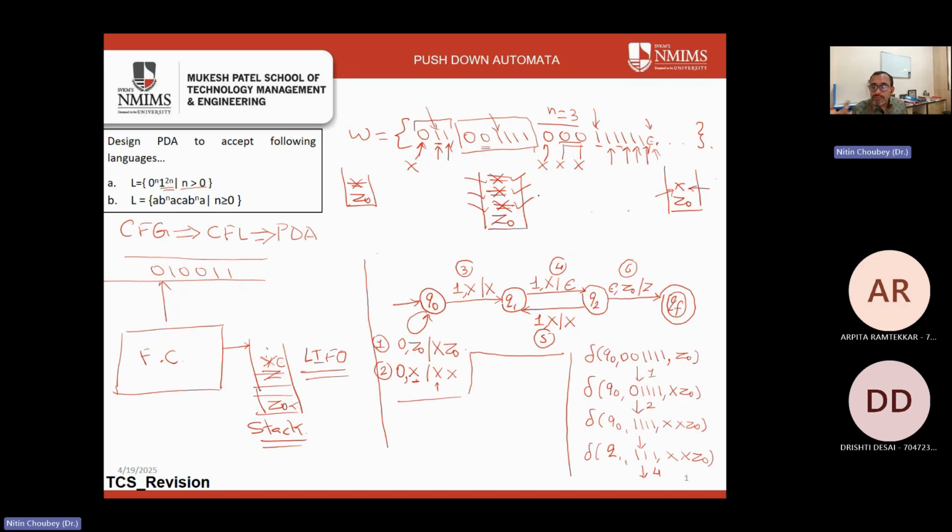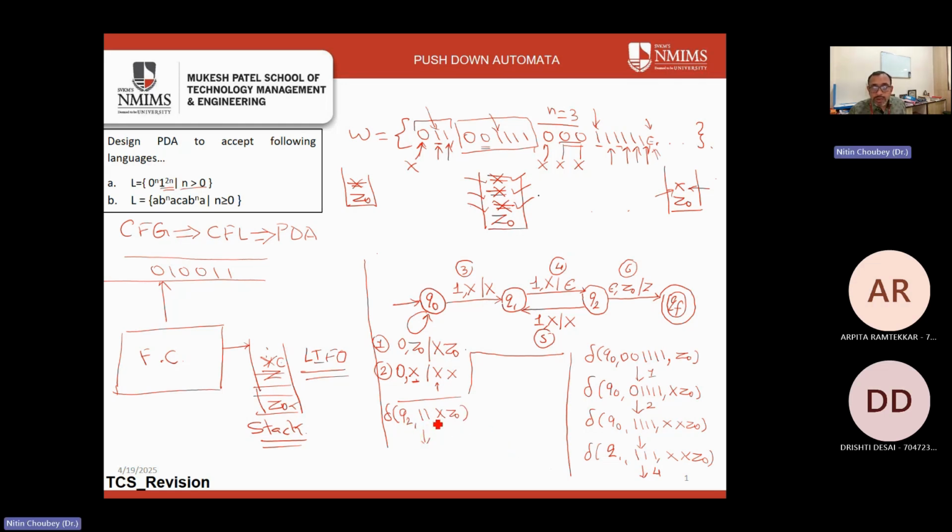That means epsilon is a string with 0 length, right? So X will be removed from the stack. Instead of Q1, the state changed to Q2, and we are left with 2 ones only, and this X will get removed. So we will have just one X available on the stack.